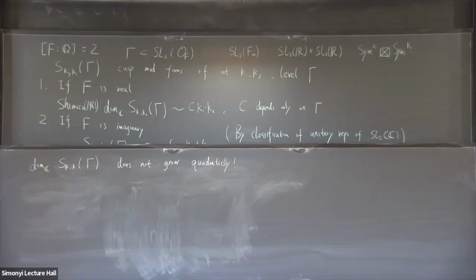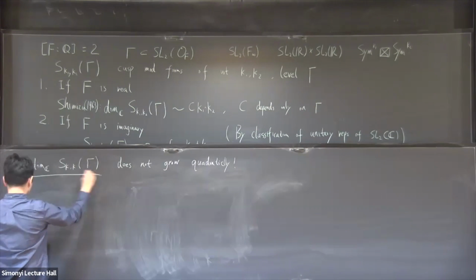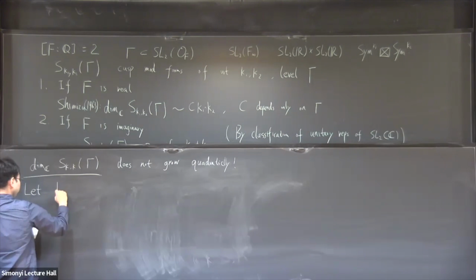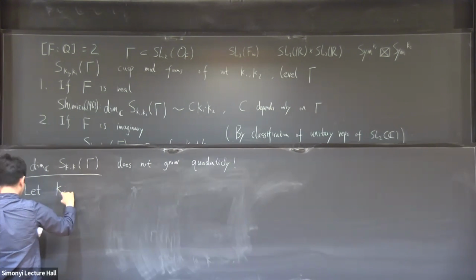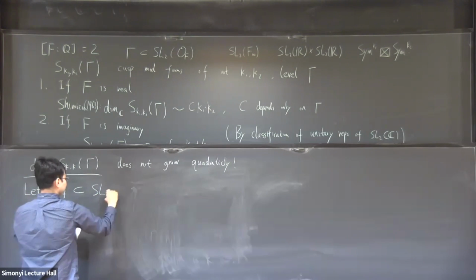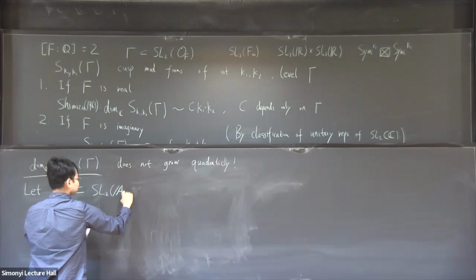Okay, I'll shift. Now I will shift to the adelic language, and I'll tell you how to interpret this space in terms of cohomology. I'll use K_f to denote a compact open subgroup of SL2(A_F,f).